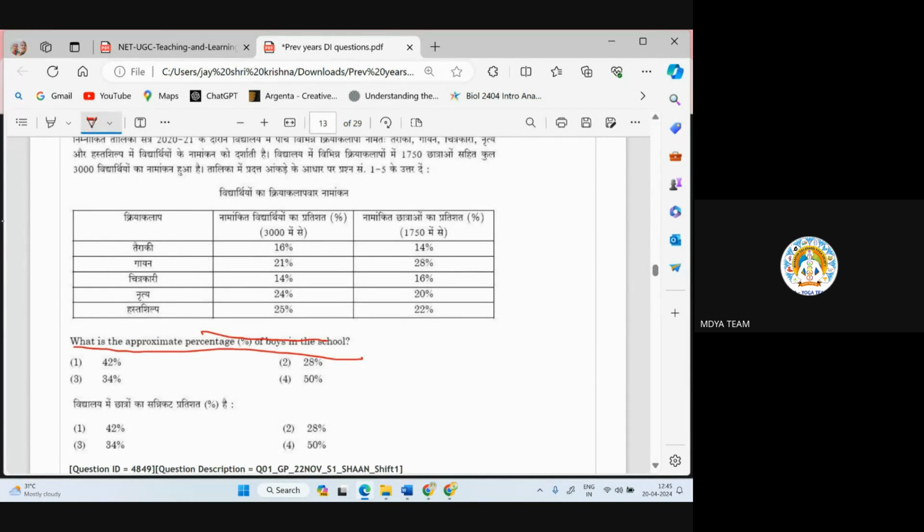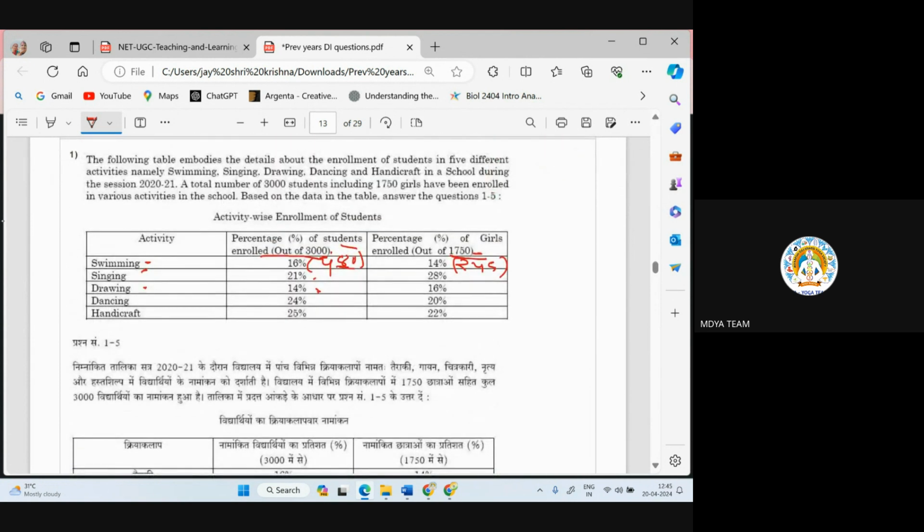It is asking for the total, meaning out of 3000, how much percentage are boys? So first, you will calculate the number of boys in every activity.